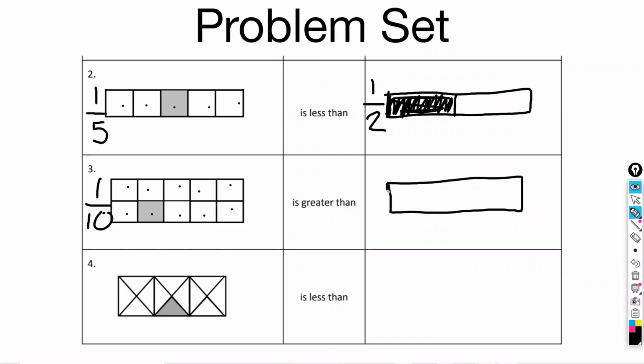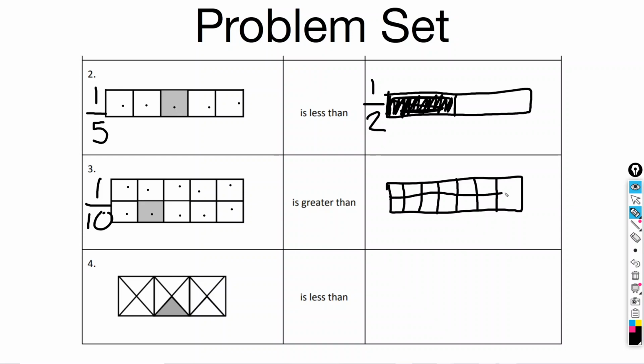And we need to break it into more pieces so that each piece is smaller. So I'm going to make 1, 2, 3, 4, 5, 6, 7 pieces.